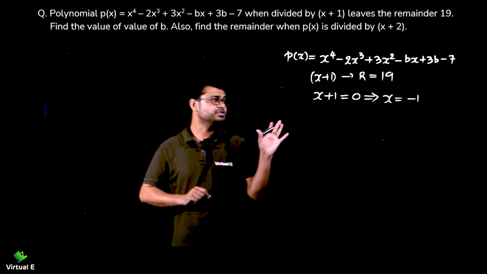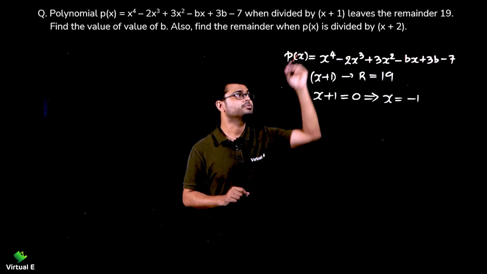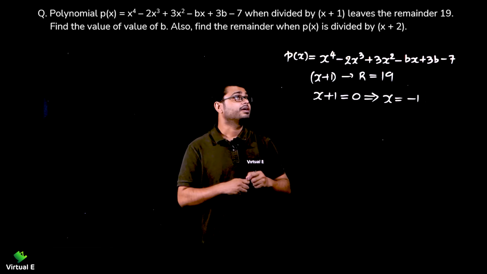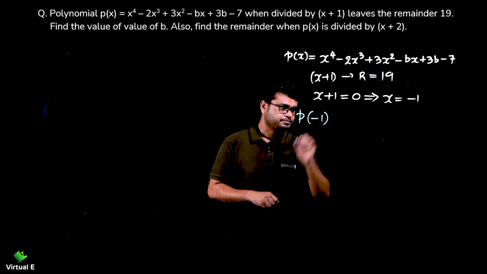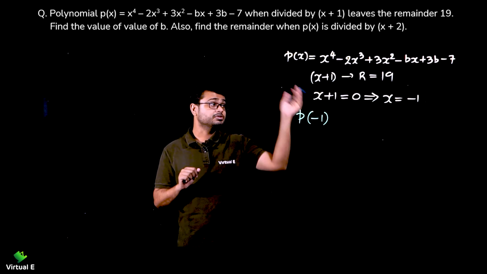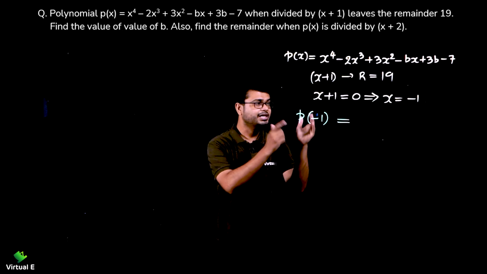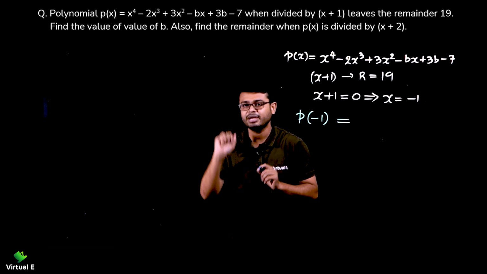Now this step is done. Now what are we supposed to do? This value of x we are going to substitute into the polynomial. So here we can write p(minus 1) is equal to what? It means that if I substitute minus 1 over here, I will get the remainder.